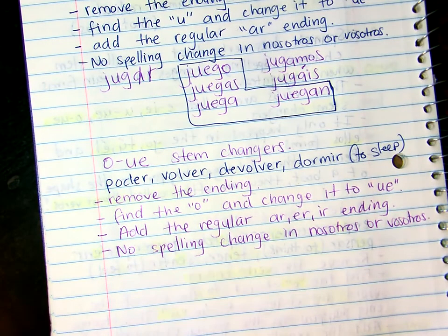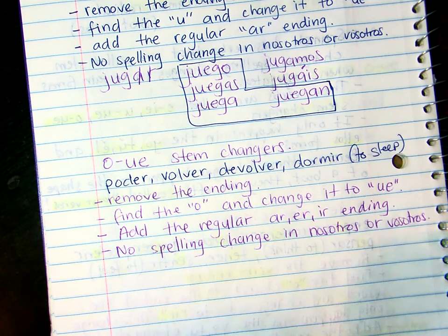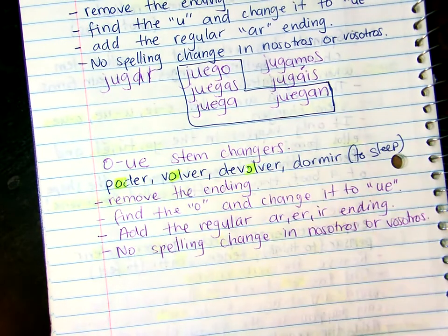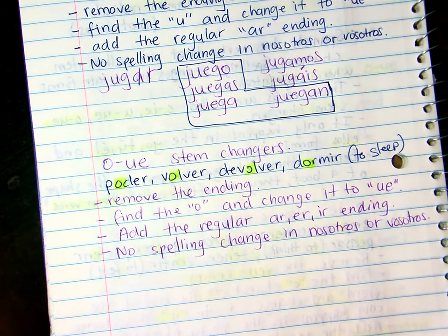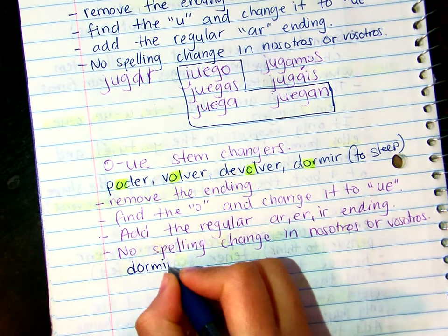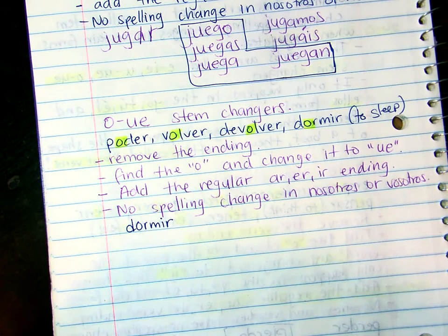All right, so let me pick one. Oh, before we go there, we need to find the O closest to the end and change it to UE. So this is the O closest, well, the only O in this case, right? Okay, so let me get dormir, which is my favorite verb.